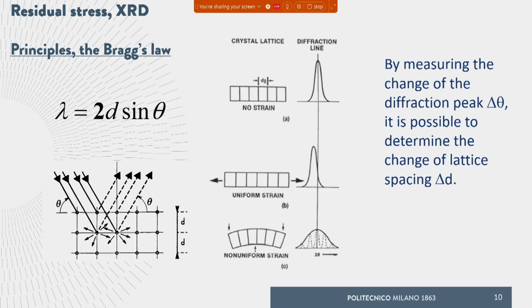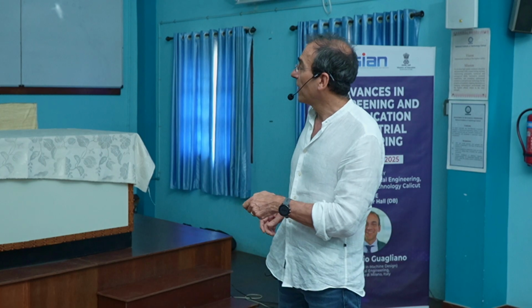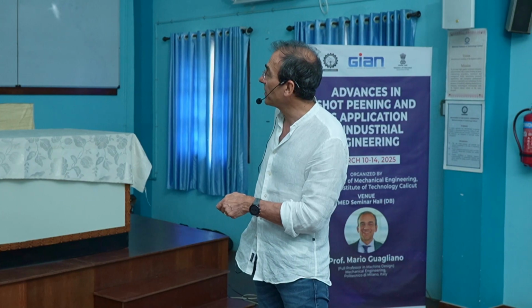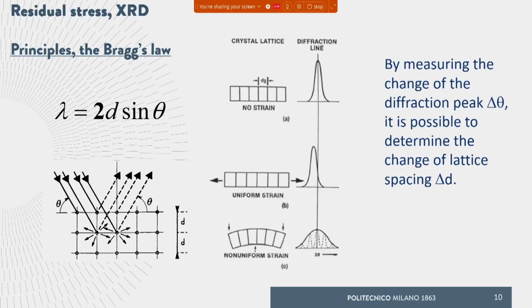Okay, if we apply a uniform strain, the lattice spacing between the crystal planes is different. And so what happens is that the angle theta for diffraction is slightly moved, it is shifted, and diffraction will happen for another angle.